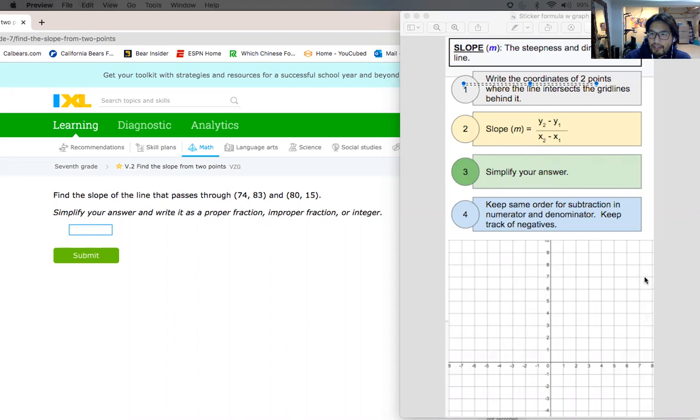So somewhere around here, 74, 83, you got a point there, and then 80 and 15. You would be somewhere around here. Wow, this is a very interesting line. 74, 83, and 80, 15. So just pretend I multiplied every single one of these numbers by 10.